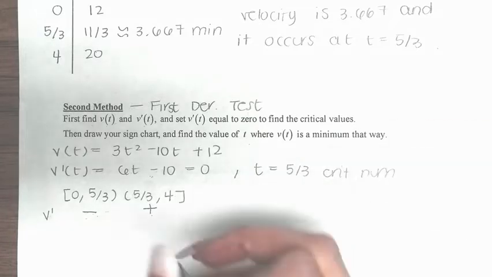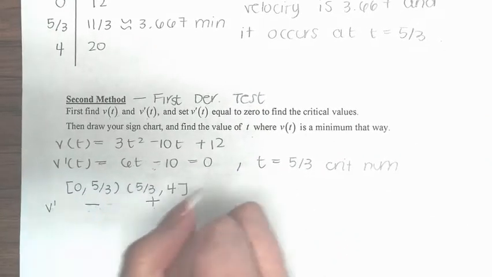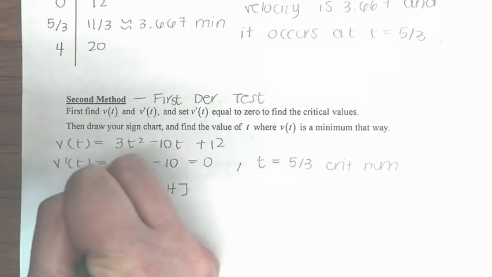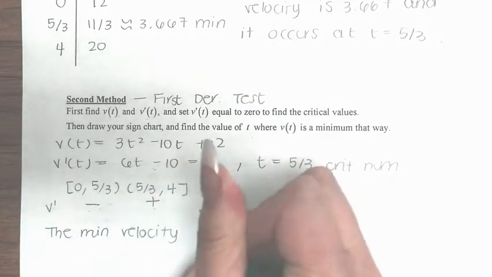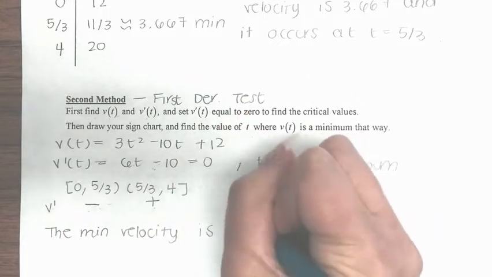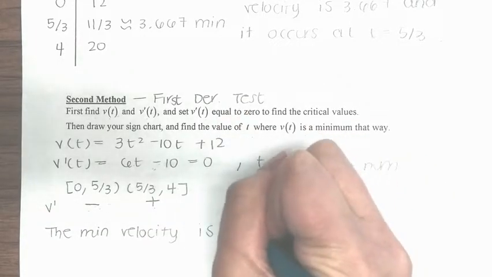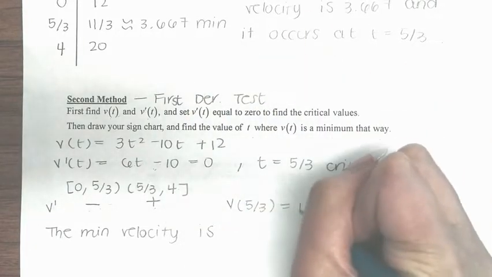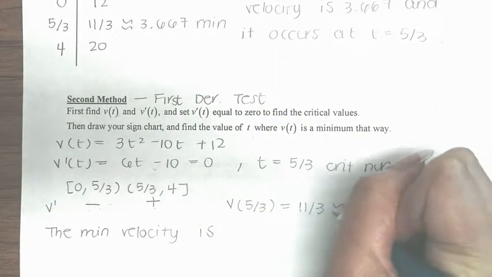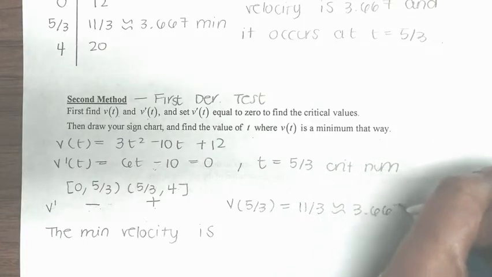Okay, so now let's conclude. So we have that the minimum velocity is, we don't know, but you can plug the 5/3 that we already know from the previous problem, that it was 11/3, or it was 3.667.